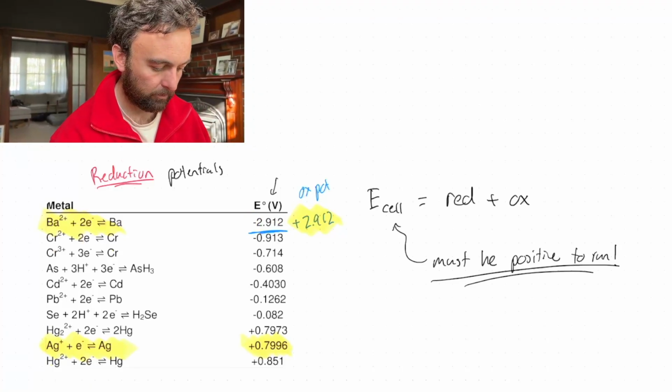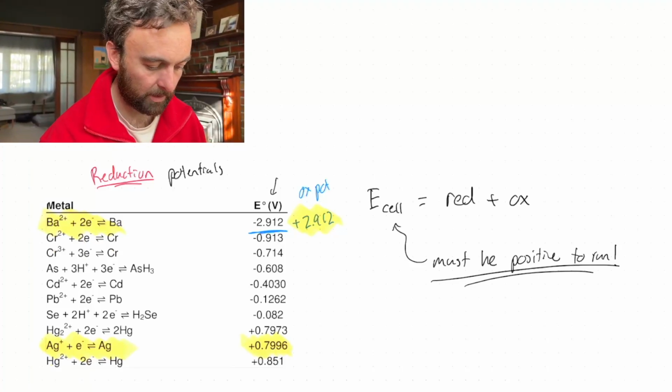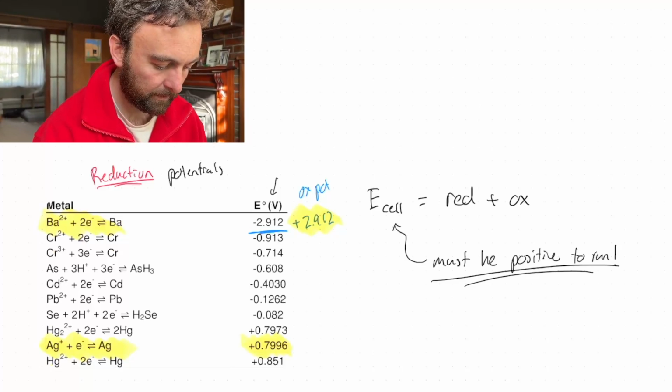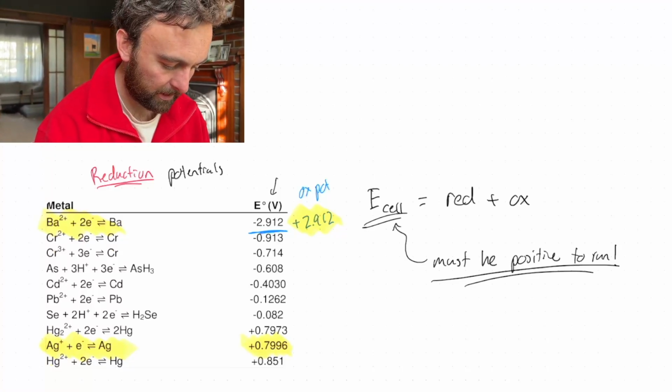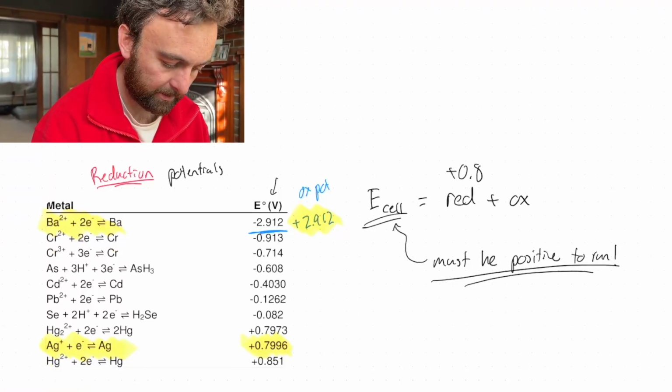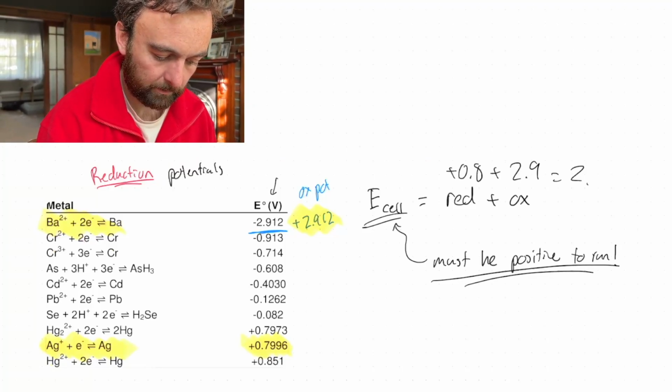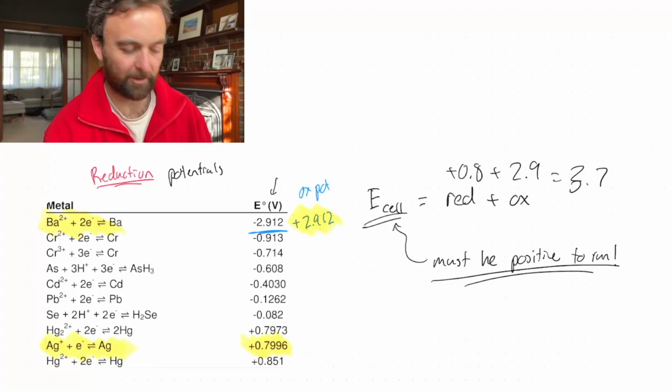So once I've got the oxidation and the reduction potential, I just take those and add them together. So in this case, the E cell would be the reduction, which is +0.8, I'm just rounding, plus 2.9. So that would equal 3.7. Sorry about my writing, it's horrible.